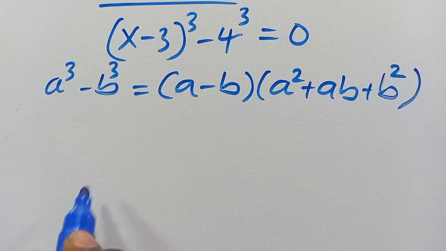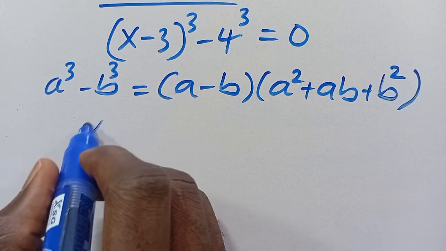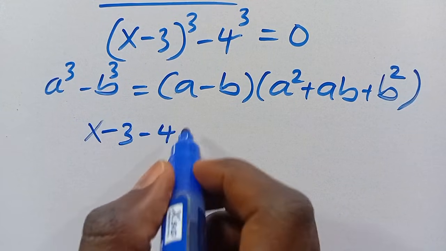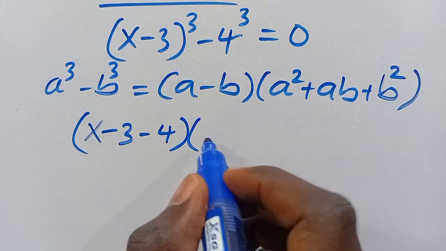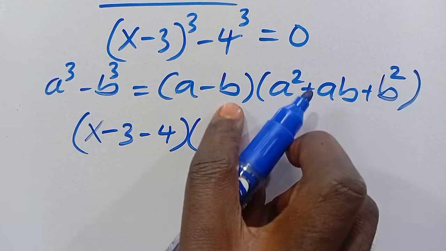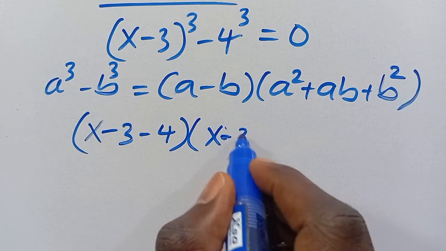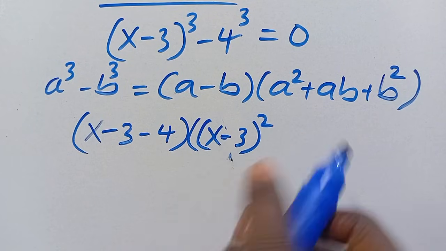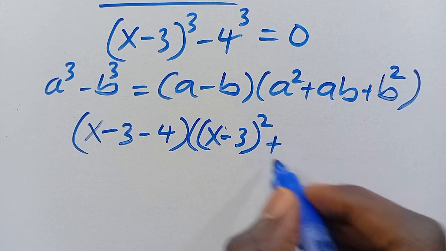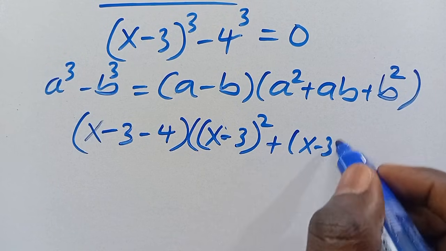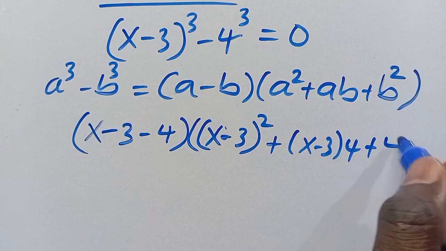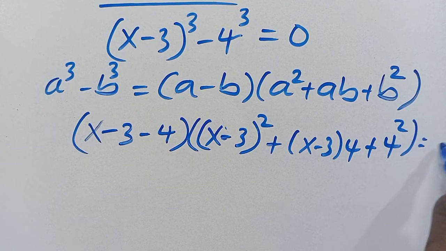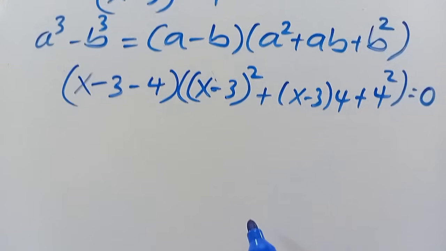So from here, we're going to have x minus 3 minus 4 as this. This will be x minus 3 in parentheses to the power of 2. Then plus a, which is x minus 3 again, multiplied by 4, plus b, which is 4 square, equals 0.